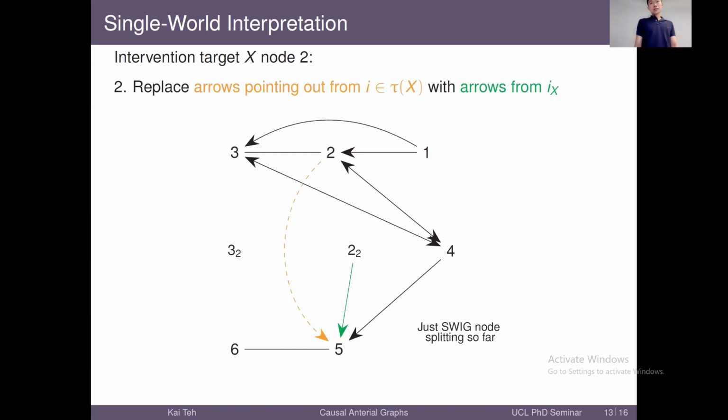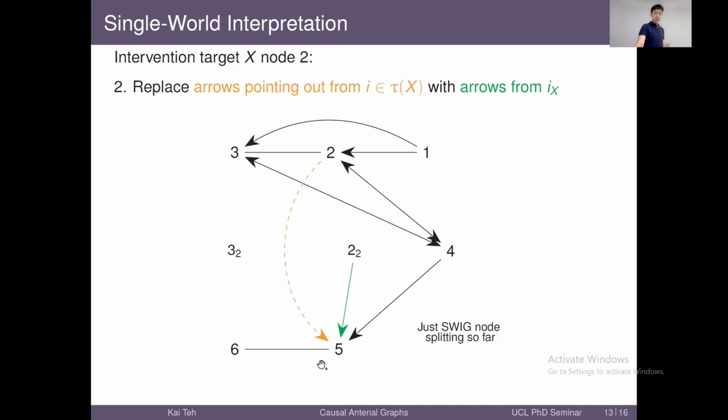Step 2, just like what I did just now, you erase edges going into the node and replace them with edges pointing out. I erase the arrow that goes into 5 from the intervene node and replace it with a duplicate arrow from the node I just introduced going into 5.